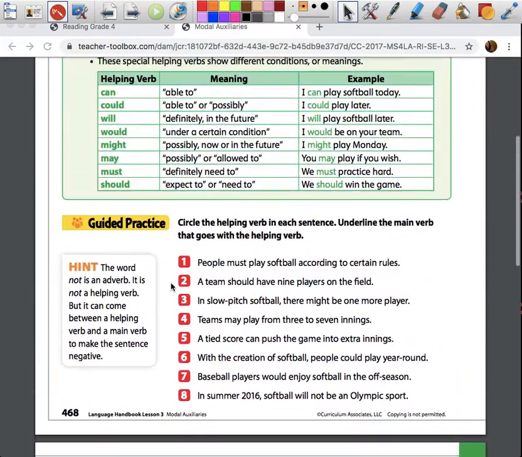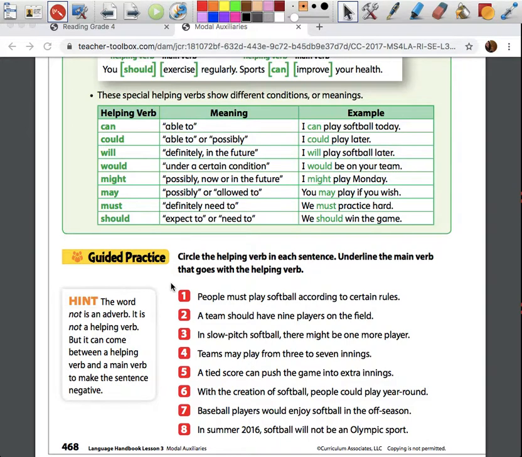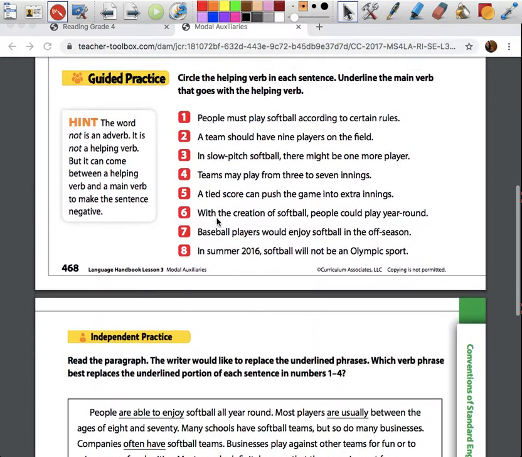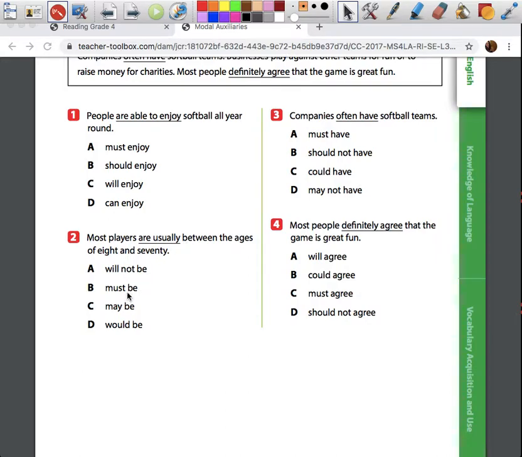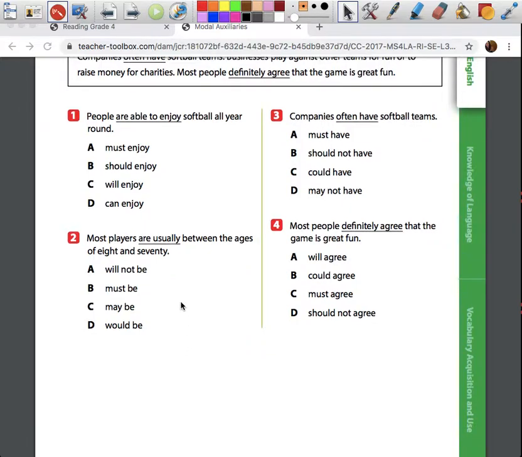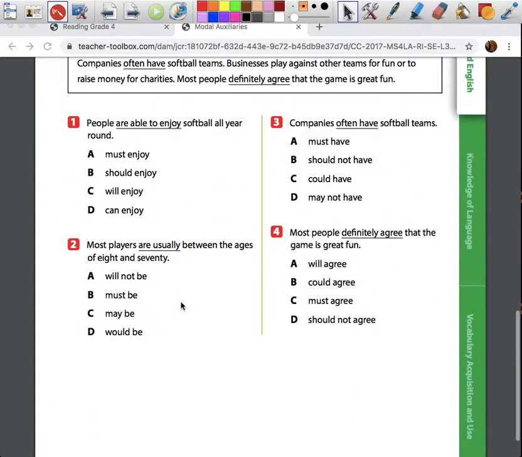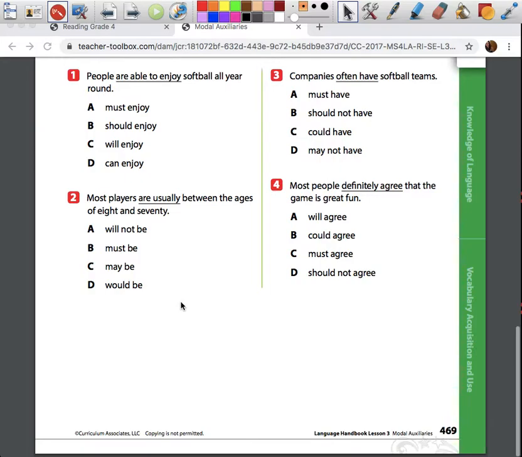And we've got may and might. But might, as we know, is talking in the future tense. So I'm going to go with may. Most players may be between the ages of 8 and 70. And the reason why I'm not marking this yet is because I'm moving up and down. So I'll mark them at the end so you can see and check your work.